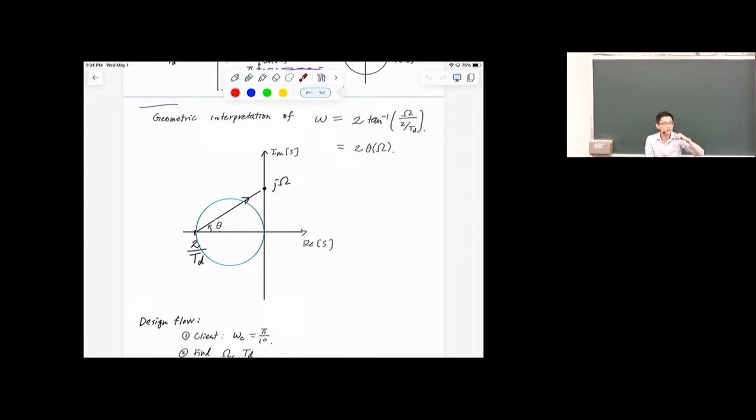So last time I said that you can please imagine that there is this triangle, okay?